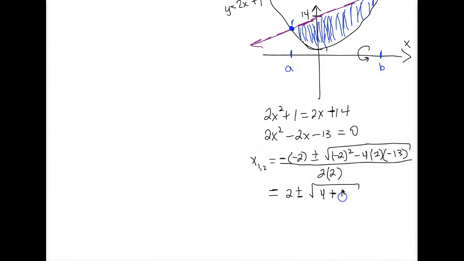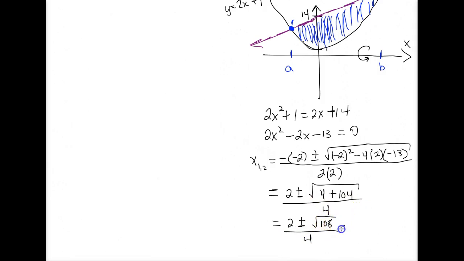So we'll put 104 here, and all that divided by 4. From here, that's 2 plus or minus the square root of 108, all divided by 4.